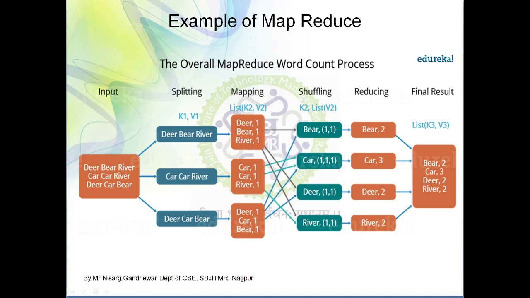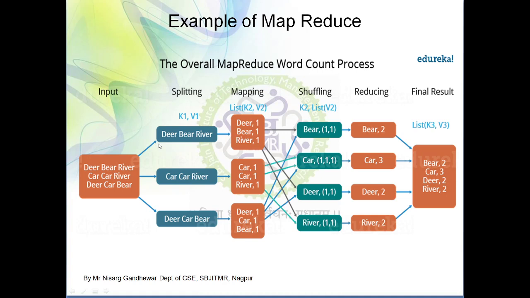So suppose we have input data. There are 3 lines present in my one text file. This is my input. First of all, a split operation is going to be performed. In this case, the split operation is performed based on the new line character. There are a total of 3 lines, so we have divided this into 3 sub files.